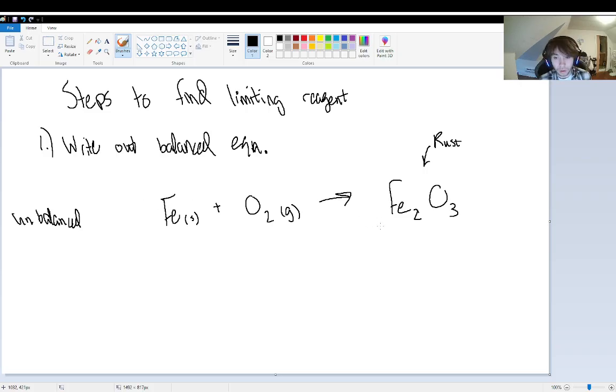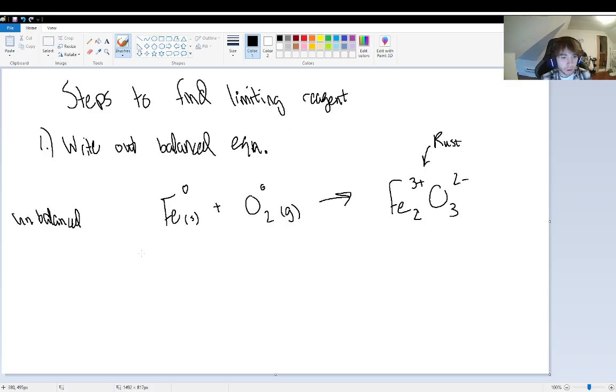So the first thing I'll notice is that we have 2 iron over here, 3 oxygen over here. Might also be nice to assign oxidation states. If this is 2 minus, this becomes 3 plus, so it's ferric oxide. This is 0. This is 0.